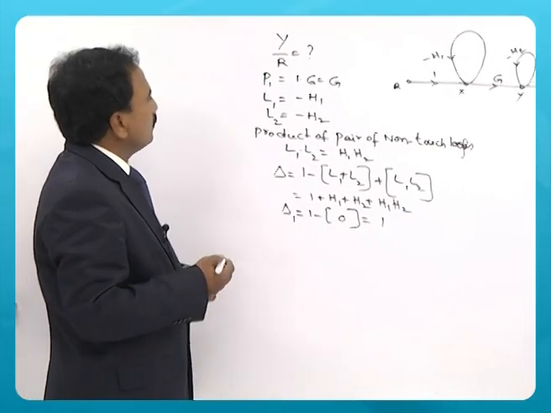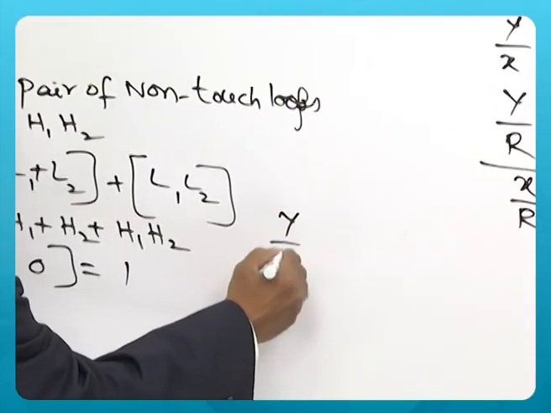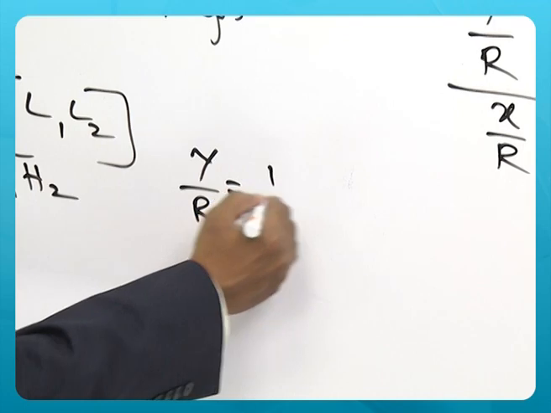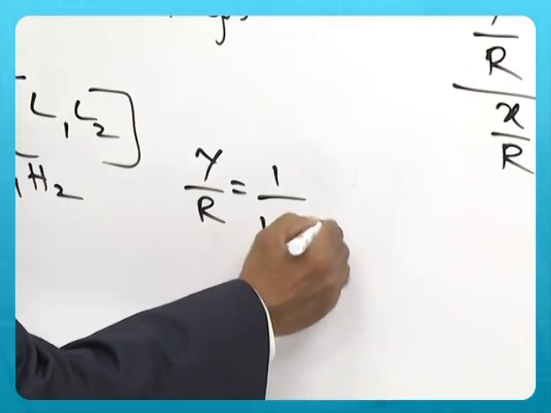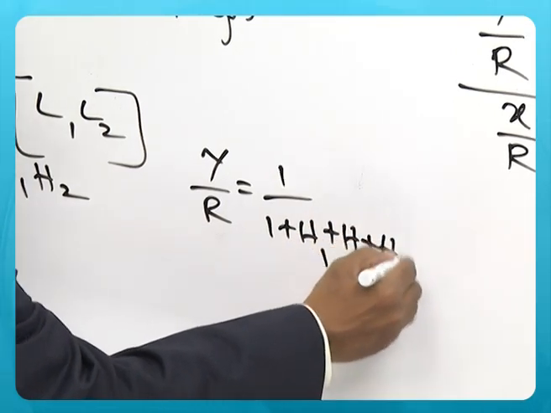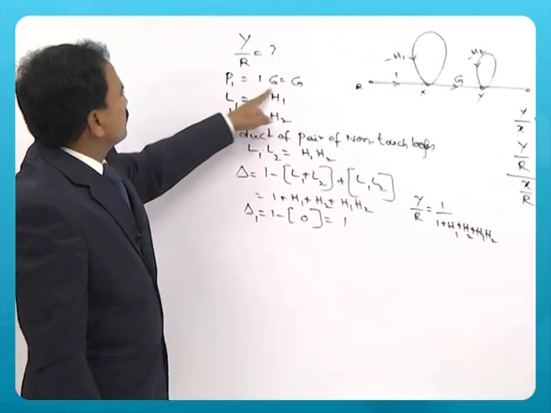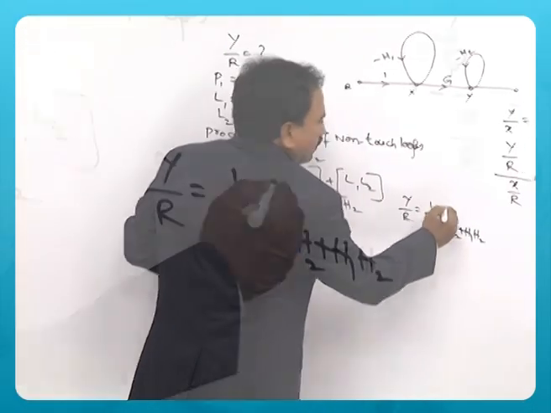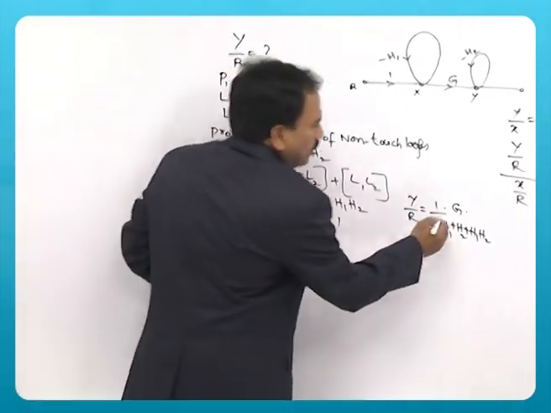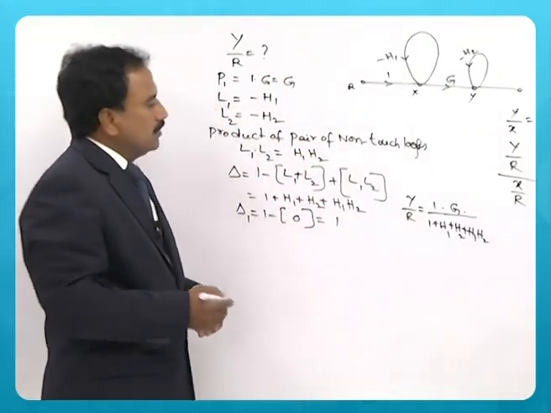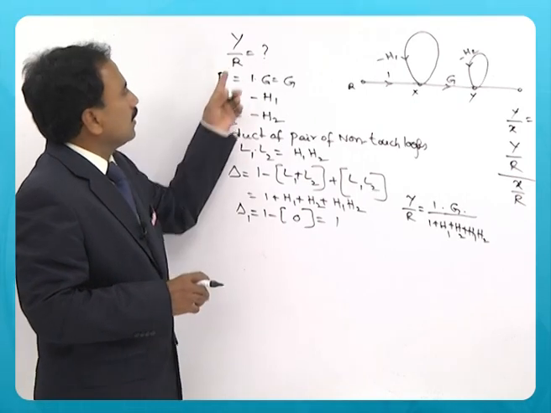Now you can substitute this in Mason's gain formula: y by r is 1 by delta, where delta is 1 plus h1 plus h2 plus h1 h2, and P1 is g and delta 1 is 1. So it is simply 1 into g by the denominator delta. So you got y by r now.